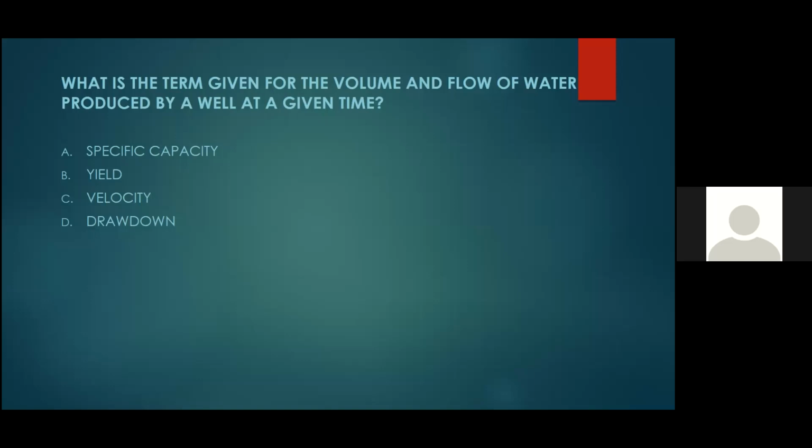And the drawdown is basically your static water level to your operating water level, in meterage and distance. So we're dealing here with just flow, it's going to be yield. If it's flow and distance, it's going to be specific capacity. And if it's just the distance or the drawdown in meters, it'll be drawdown. So B is our answer.